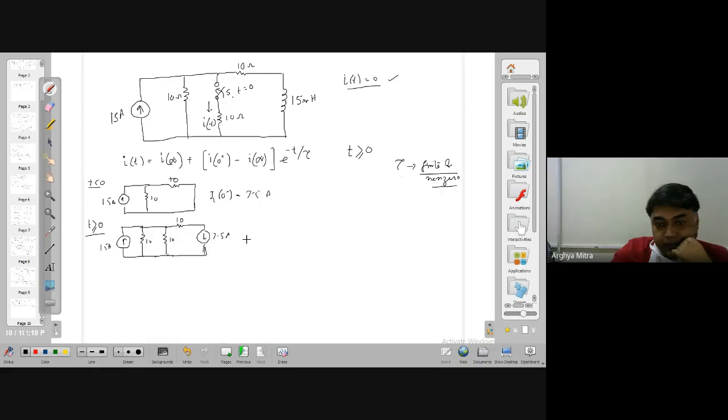So how can I handle it? The current through this is what I'm looking for. So I need to find I0 plus, because I'm going to apply this equation.